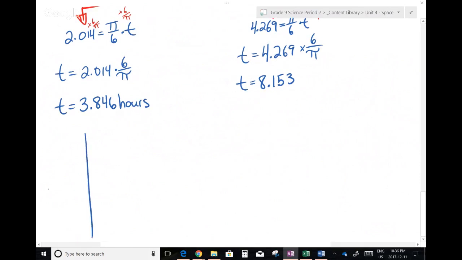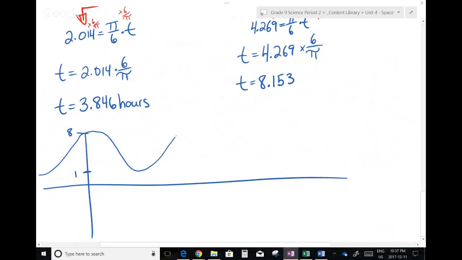Now, what this tells us is this exactly. If we go back to our original drawing of this thing, this being 1, this being 8, what it tells us is that at 3.84, we hit 3, and we actually drop below it.